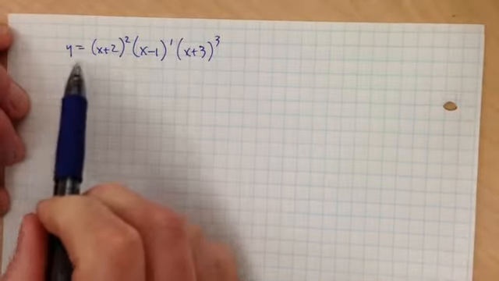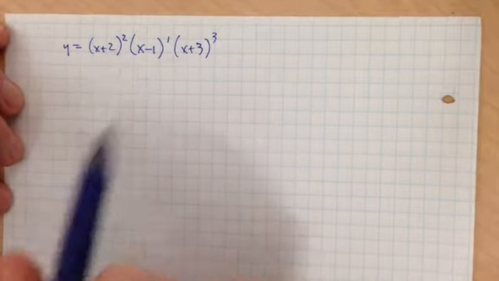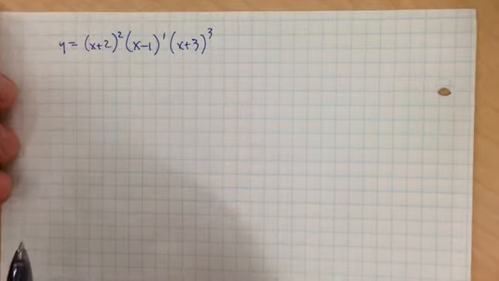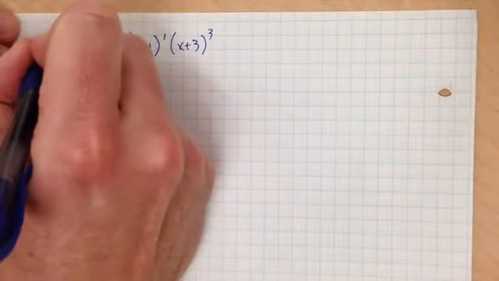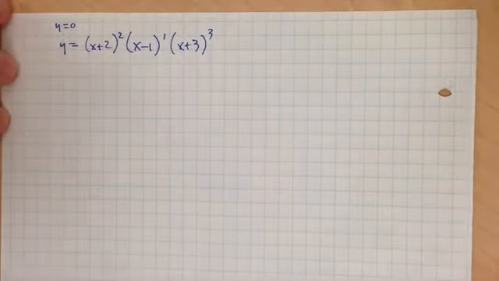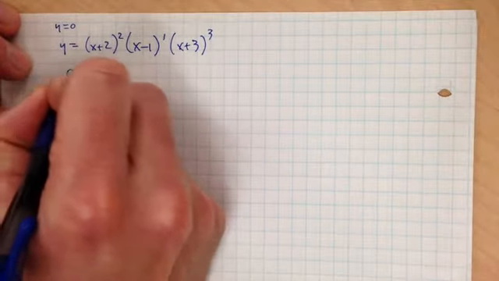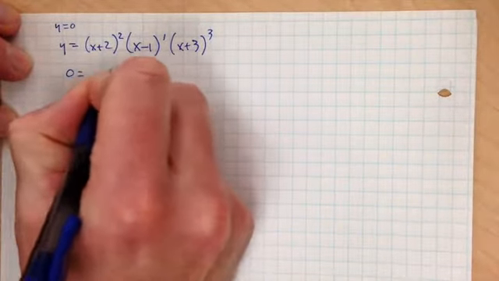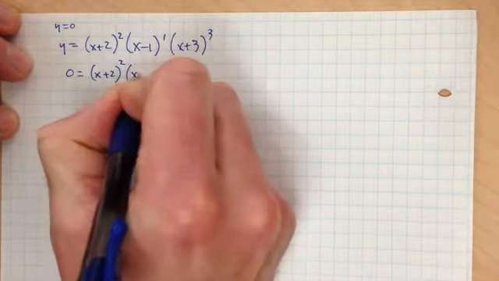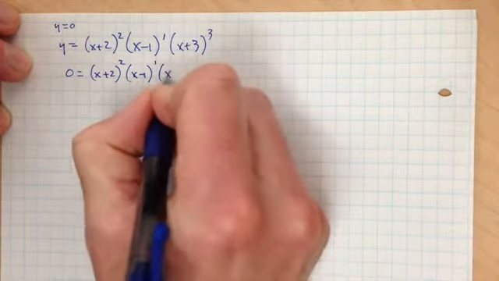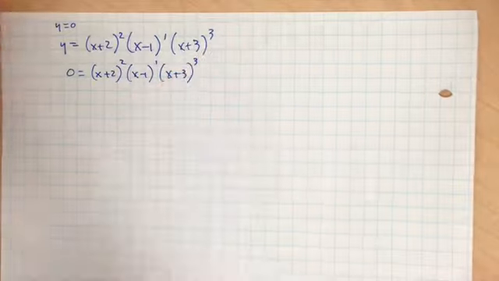If I wanted to see where this graph crossed the x-axis, I could substitute this together with a very specific line, y equals 0. That is my x-axis. And if I do that substitution, I end up with 0 equals (x plus 2) squared, (x minus 1) to the first, (x plus 3) cubed.